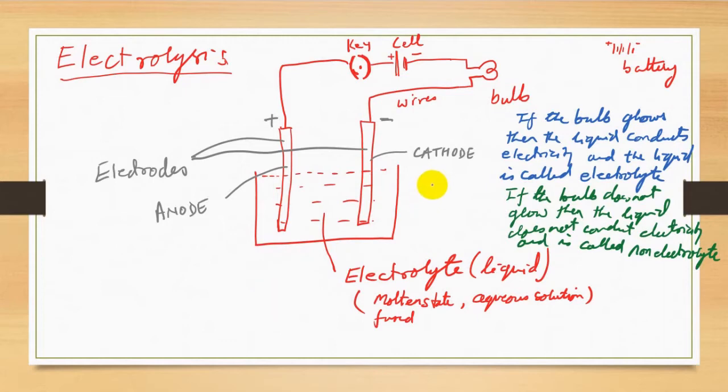These terms we need, so that's why we are doing it first. We'll look into each and every term one by one. Now, to carry out electrolysis, we need this complete apparatus, isn't it? We need the electrolyte, the electrodes, a key, wires, bulb, cell, everything.